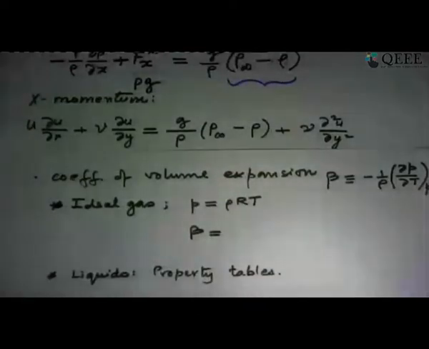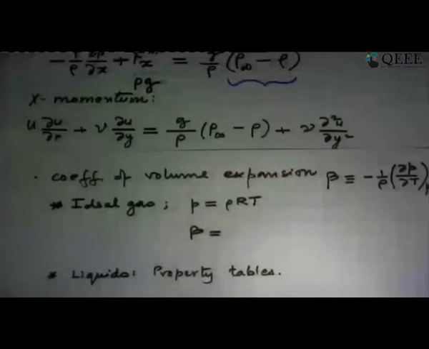Now we'll go back and see this equation and ask what it is that this rho depends on. We have two possibilities here: an ideal gas, or in general, whatever the fluid is.